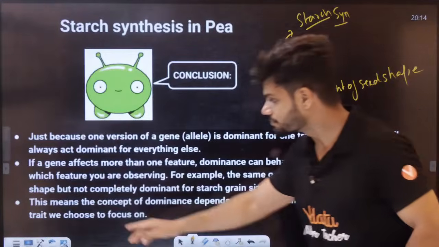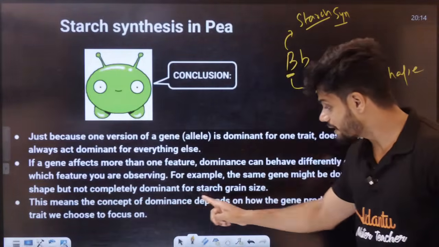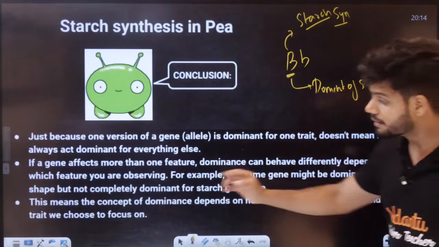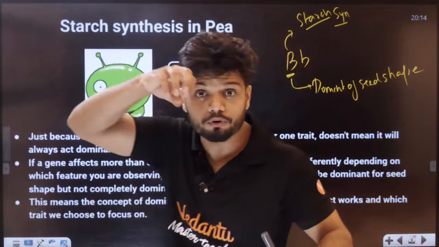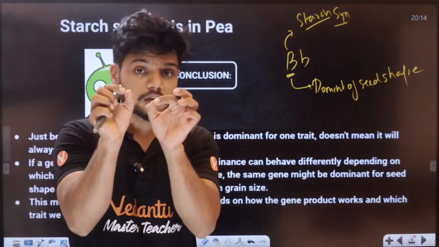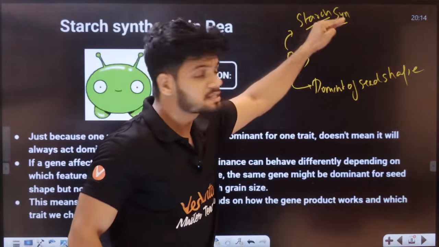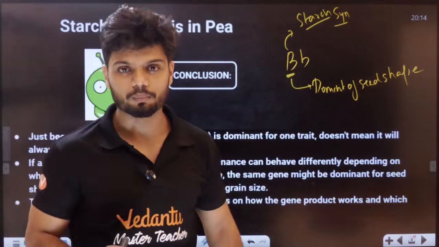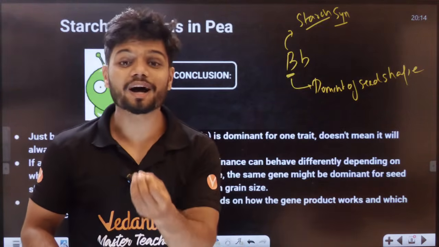It says that the concept of dominance depends on how the gene product works and which trait you choose to focus on. If you focus on seed shape, it is dominant. But if you focus on starch synthesis, it is incomplete dominance. That is the concept of starch synthesis.